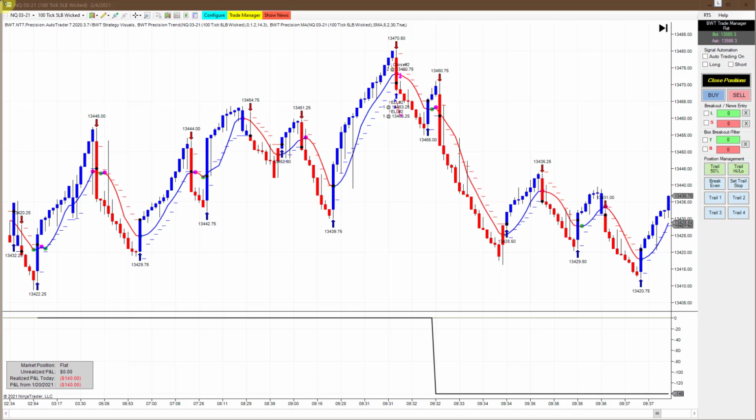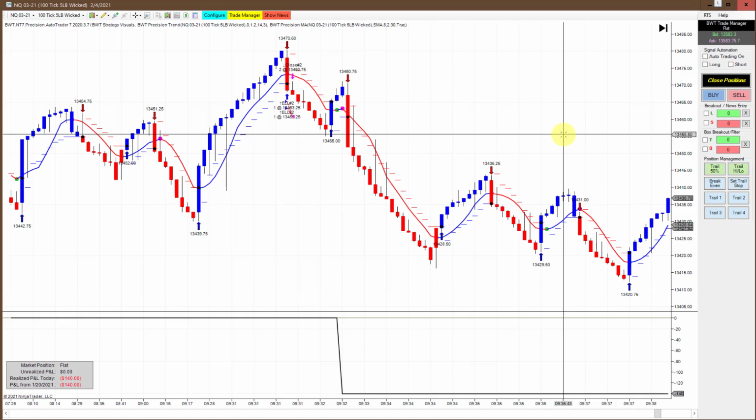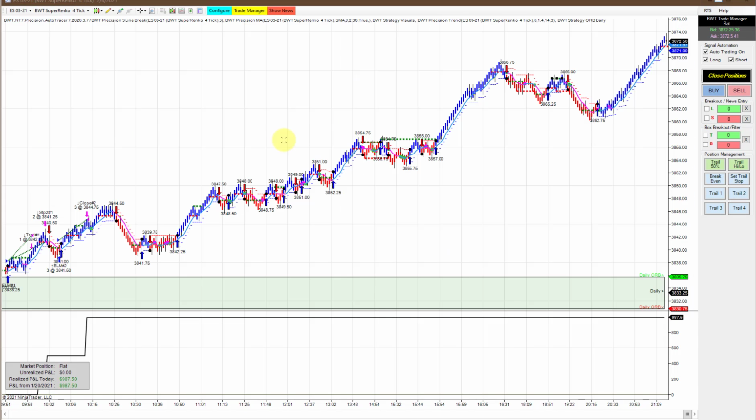But by doing that and mixing it up, I'm counting on my odds of the big winning day, 2 to 1, 2.5 to 1, 3 to 1, allowing me to have some losers, but pulling ahead at the same time. So I think that's a real valid idea with the Autotrader, and I just don't think you can beat the Autotrader. A couple of other charts I want to show you that I'm following.